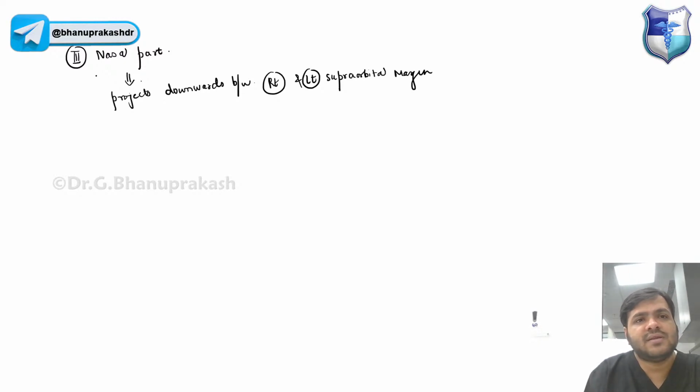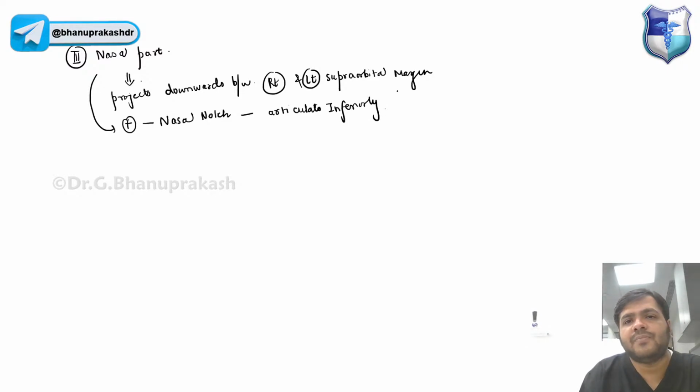This nasal part presents a nasal notch, and this nasal notch will articulate inferiorly with three bones. You already know, from medial to lateral, we have the nasal bone on both sides. Then we have the frontal process of maxilla.